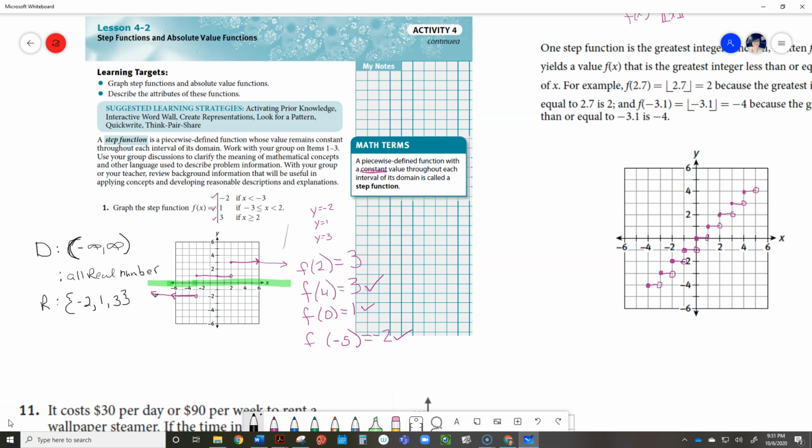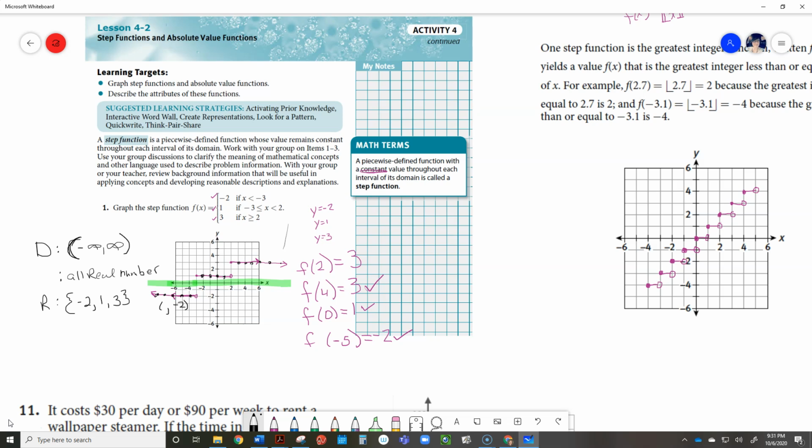If you made a list of every ordered pair, even if you only use the ones that have integer values, all of the y values in this section right here would be -2.